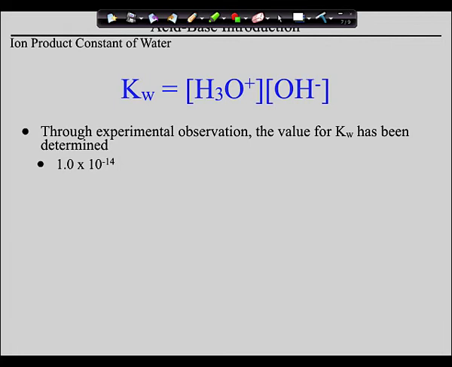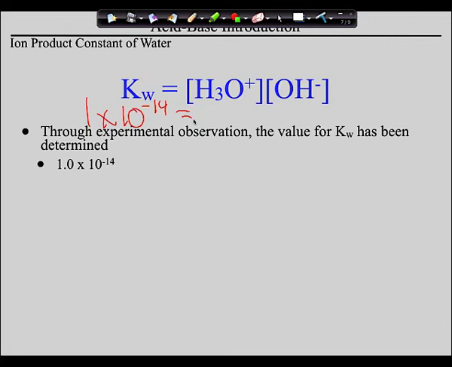Because guys, look. If this is 1 times 10 to the negative 14th, what do you know about the concentration of those? What do they have to be? The same, right? Because where did this come from? From a water forming this, right?